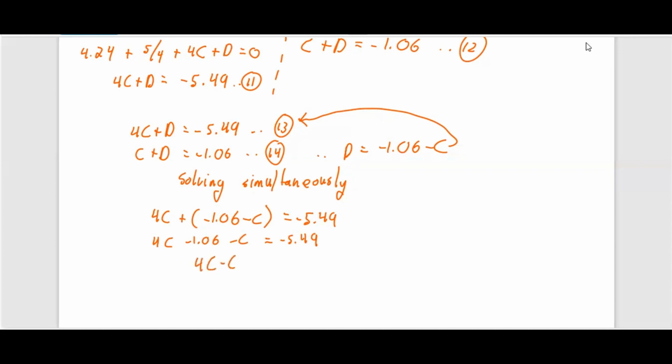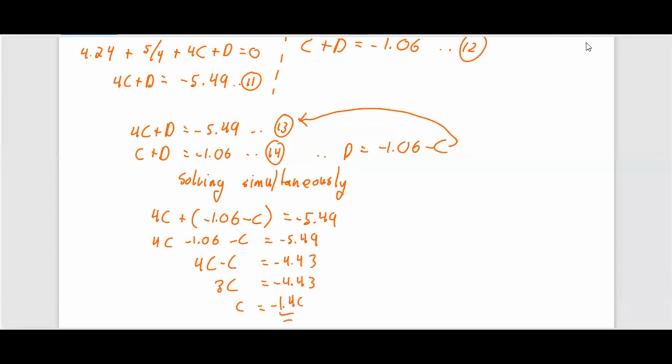So 4C minus C is equal to minus 4.43. Obviously, this will be 3C is equal to minus 4.43. And let's divide both sides by 3. So C will be minus 1.47.